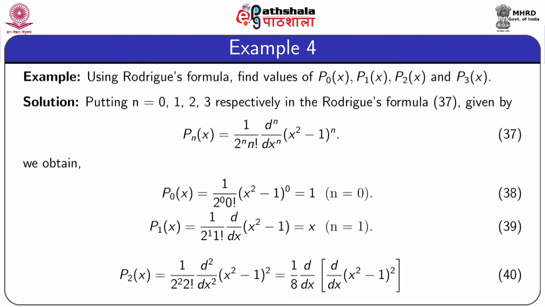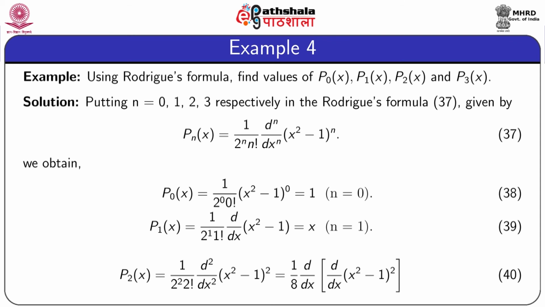We now see by using Rodrigues formula how we can calculate the Legendre polynomials, namely say P0(x), P1(x), P2(x) and P3(x). The Rodrigues formula is given by equation number 37.